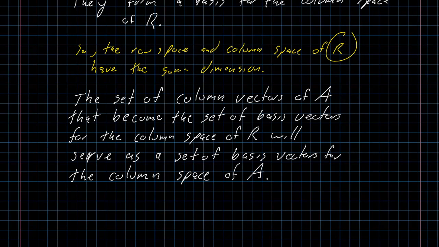All right, so again, the column space of R and the column space of A are not the same. The set of basis vectors for the column space of R and the set of basis vectors for the column space of A are not the same. The similarity here is that they are the same columns. So if it's the first, third, and seventh column of R that forms a basis, then it will be the first, third, and seventh column of A that forms the basis there as well.